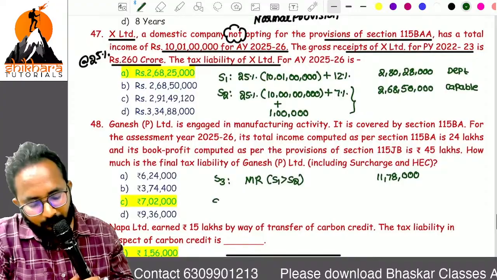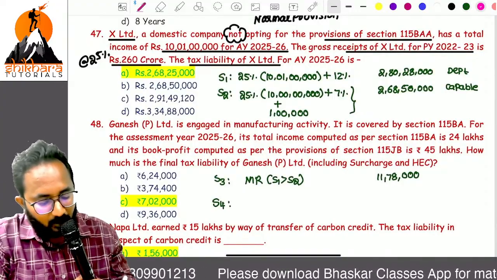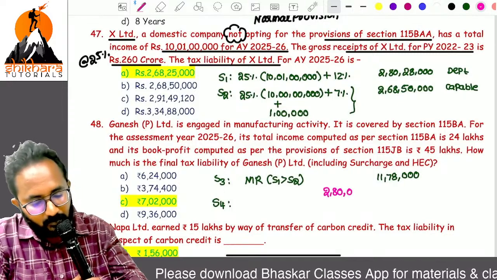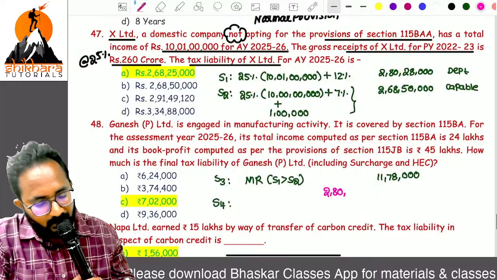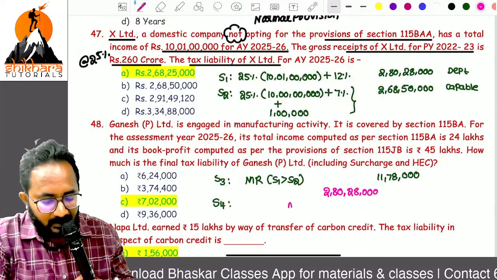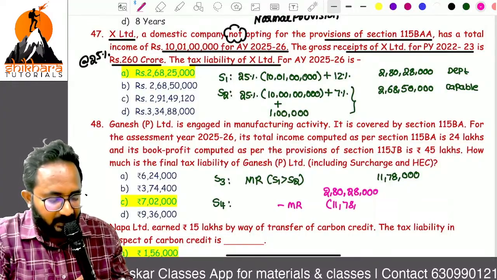Step 4. Anyhow they will try to collect how much amount from you? 2 crore 80,28,000. From that we can subtract the marginal relief, 11,78,000.